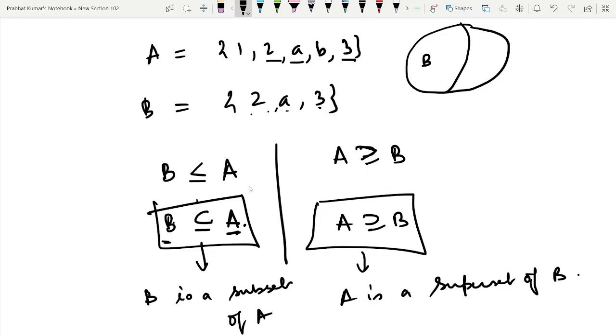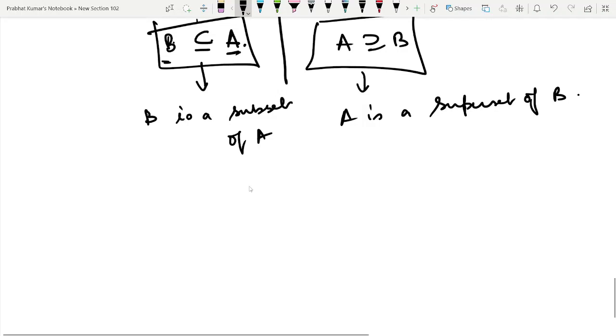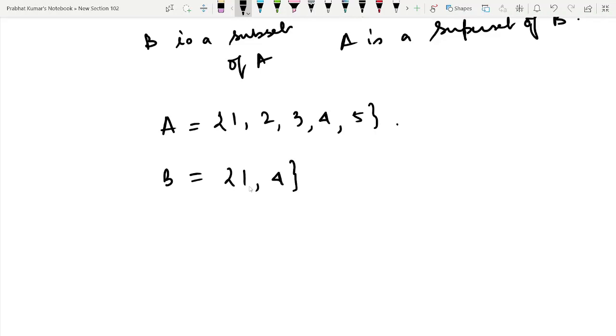Okay, so this was about set and subset. Now let us take some more examples. Let's say A is 1, 2, 3, 4, and 5. B is 1 and 4. C is 2, 5, 1. So B is a subset of A, and C is also a subset.